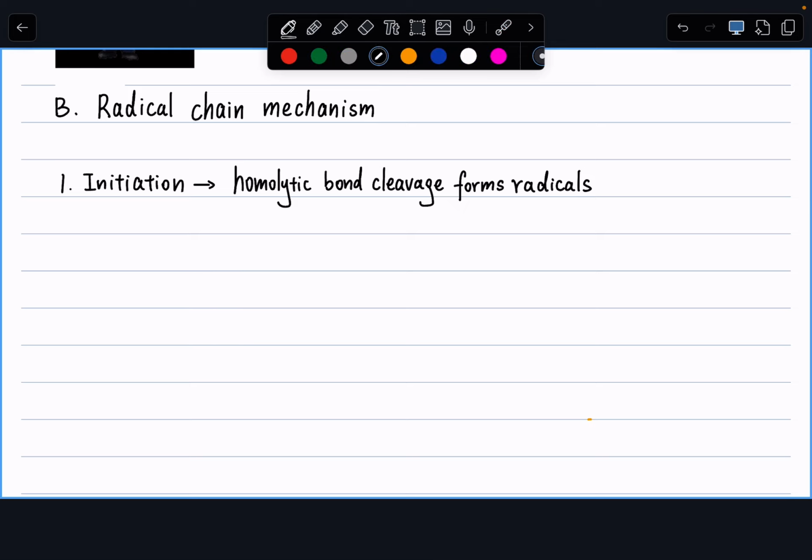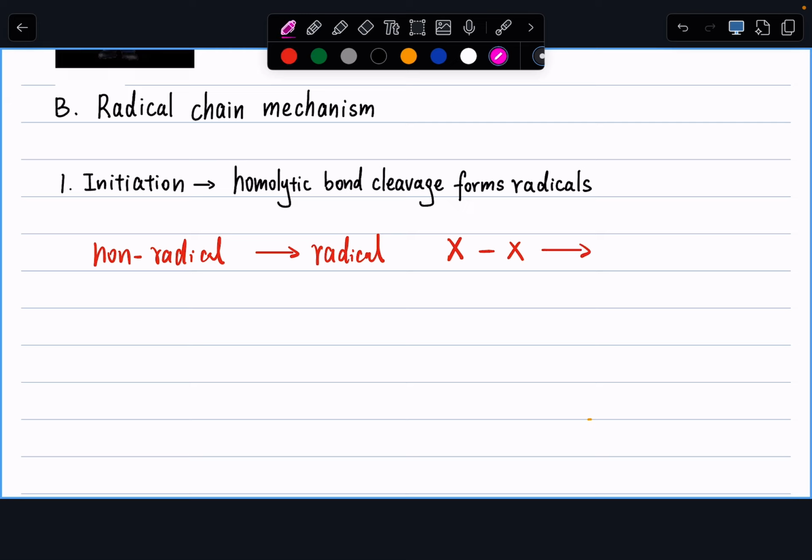In short, if we're focusing on initiation, we're talking about non-radical species forming radical species by homolytic cleavage of a bond. When we say homolytic cleavage, let's say I start from an X-X bond, a non-polar covalent bond.